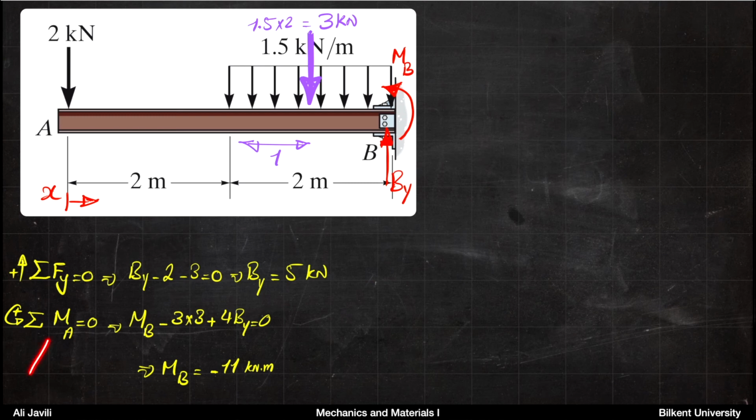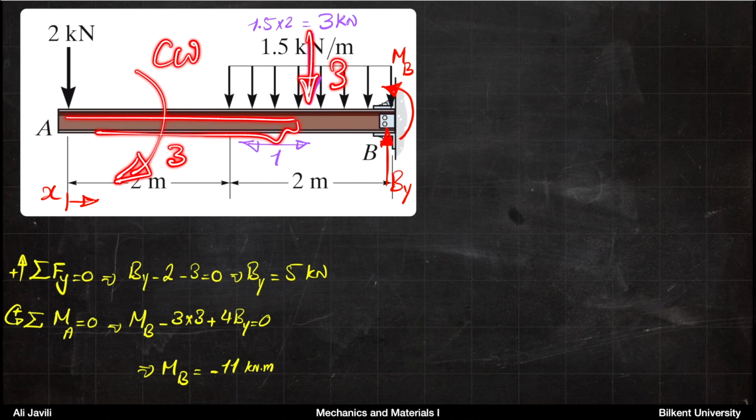Then you can write the equilibrium of moments with respect to point A, for instance. You would have plus MB, assuming that counterclockwise is the plus direction, minus 3 times 3. 3 is the distance here, and the force is also 3, and it causes a clockwise moment, so it comes with a minus.